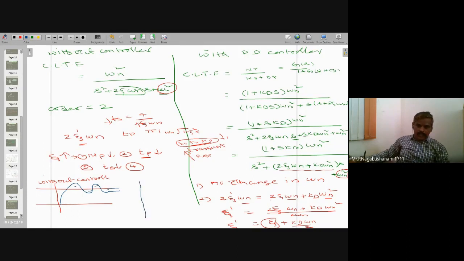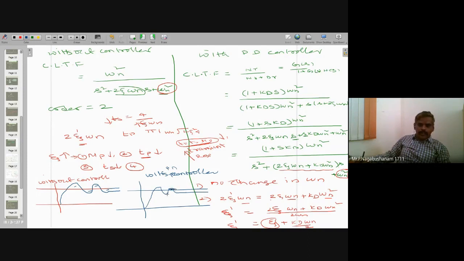Assume you use the controller, with the controller, meaning I'm using a PD controller. With the PD controller, assume it is a step input. It may take 1, 2, 3 oscillations, and after that it goes constant.